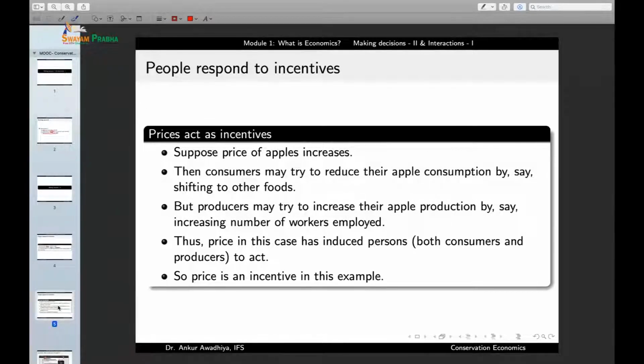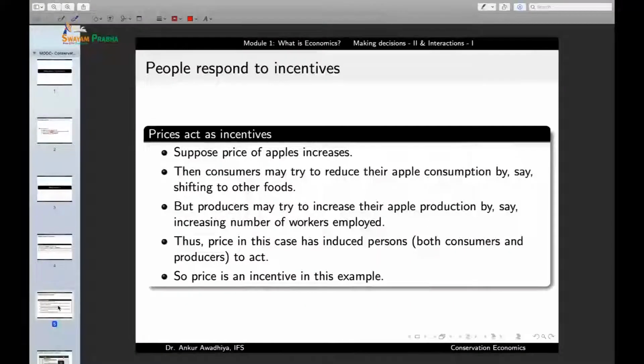Producers may try to increase their apple production by, say, increasing the number of workers that are employed. Because apples are fetching a larger price in the market, it is going to lead to larger profits. So the producers may try to increase their apple production. And how do they increase their apple production? By increasing the number of workers employed, or say by getting newer machinery, or say by putting more and more of their land into apple production.